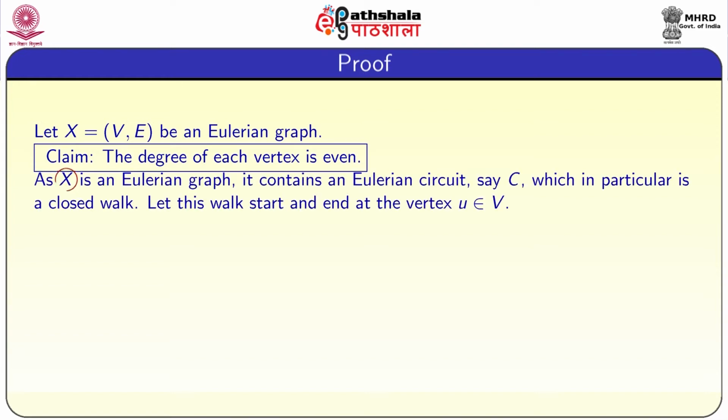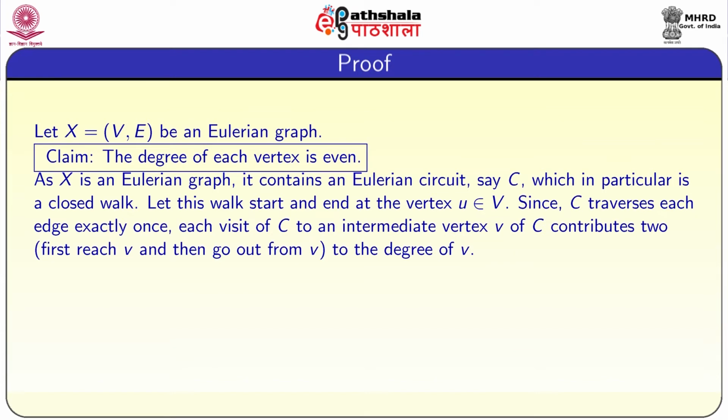Since X is a Eulerian graph, it contains a Eulerian circuit, say C, which in particular is a closed walk. Let the walk start and end at the vertex u belonging to V. Since C traverses every edge exactly once, each visit of C to an intermediate vertex v contributes 2 to the degree of v.